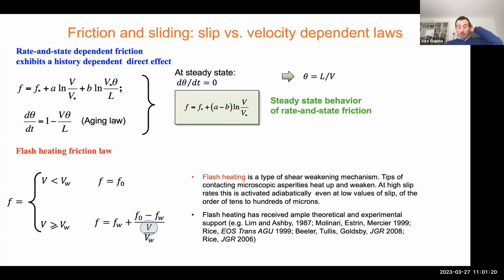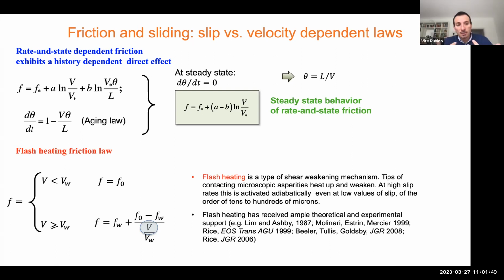So we can add some more weakening using other laws, and one candidate friction law that can do that is flash heating. In flash heating, what happens is that once the slip velocity exceeds a certain threshold V_W, then contacting asperities heat up and weaken, and they weaken with a 1/v strength.